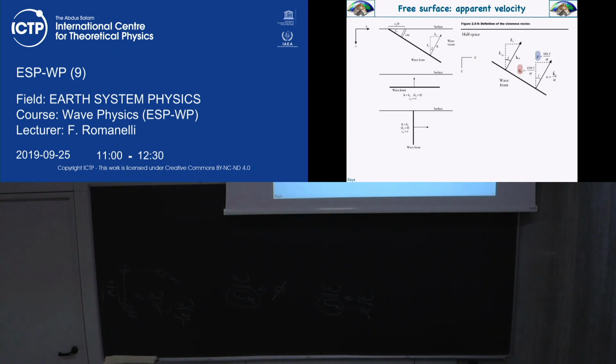What about Kx? Well, Kx is omega over alpha, if it is a P wave, times sine of I. Right? That's in general. When I is going to 0, this is going to infinite, 1 over.